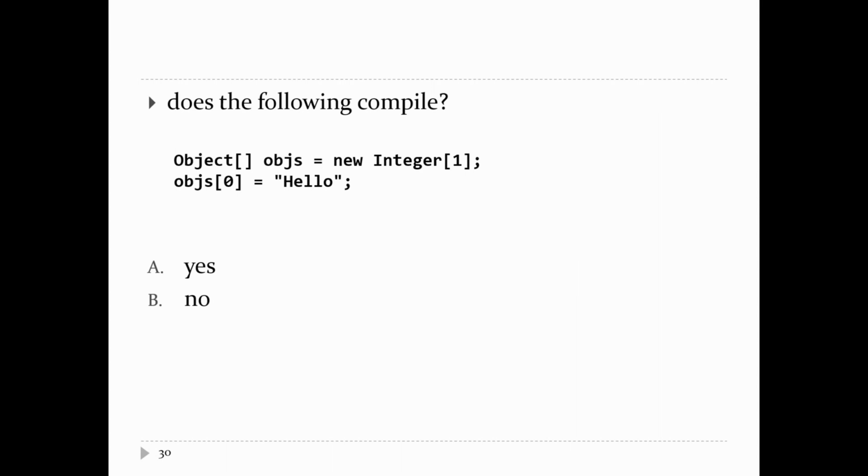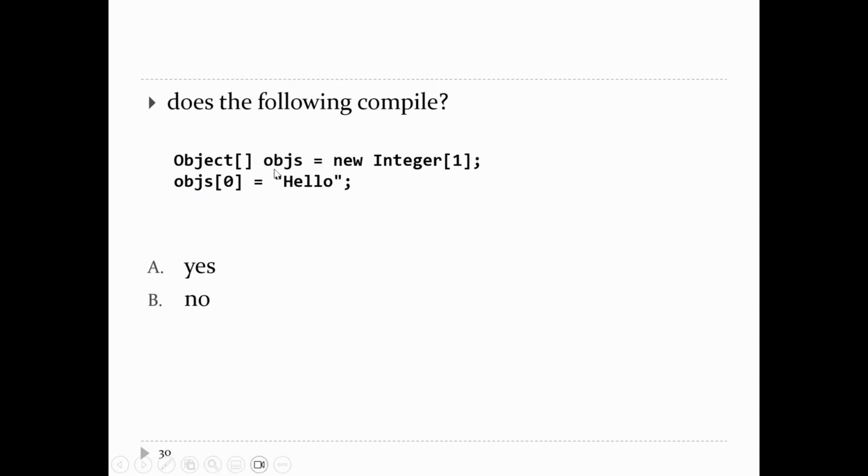Does that compile? Here we're taking the string "hello" and assigning that to the first element of objs. Now you ask yourself, does this compile? The way you solve this problem is you look at the runtime type, or the actual type, of the object. So that's String. Now you look at the left-hand side and ask, what is the declared type of that?